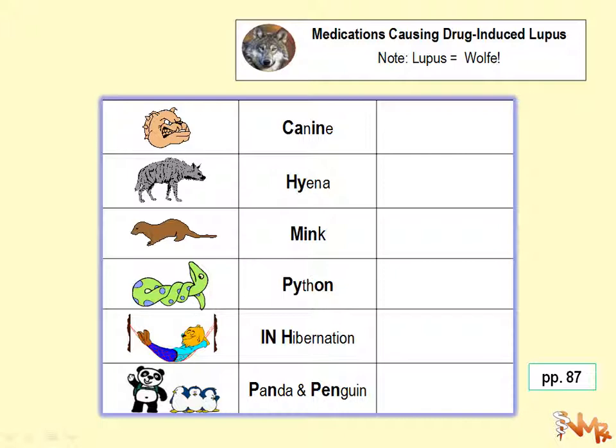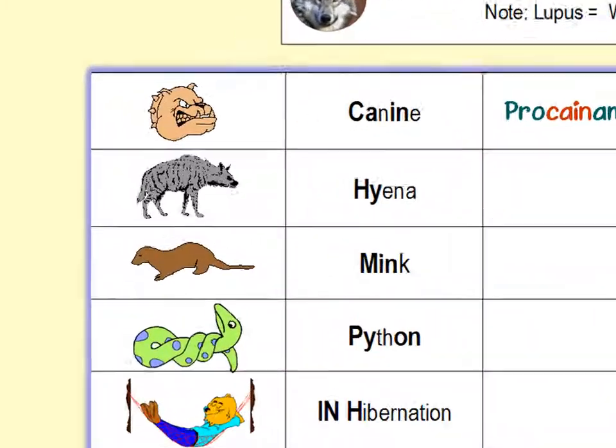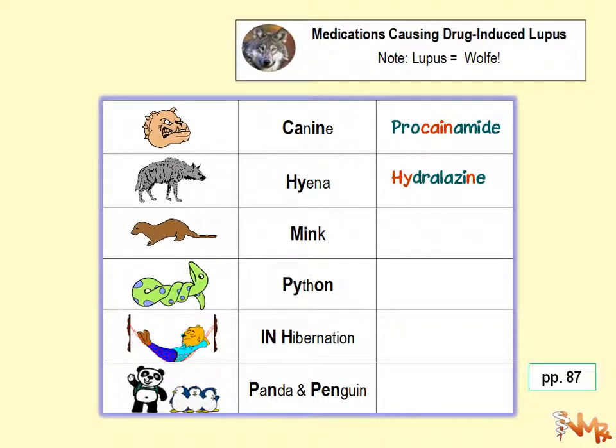Canine reminds you of procainamide, so this is one of the drugs that causes drug-induced lupus. Hyena reminds you of hydralazine, which is a vasodilator. Mink, it has a very nice fur, and that reminds you of Rogaine, and that reminds you of minoxidil, and of course minoxidil is helpful for hair growth, supposedly.